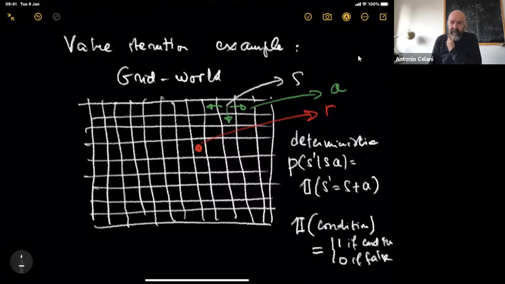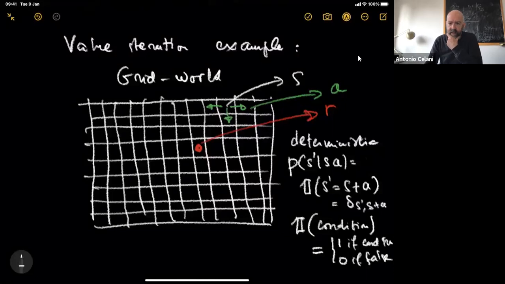Okay. If you're more familiar with the other notation, I could have written this in terms of a Kronecker delta of S prime, S plus A. This is also called the characteristic function of a set, if you wish. Same thing, different names.